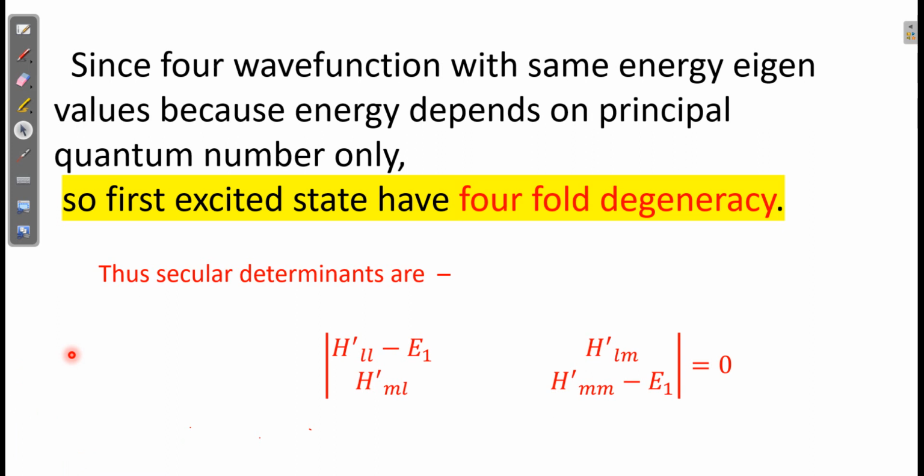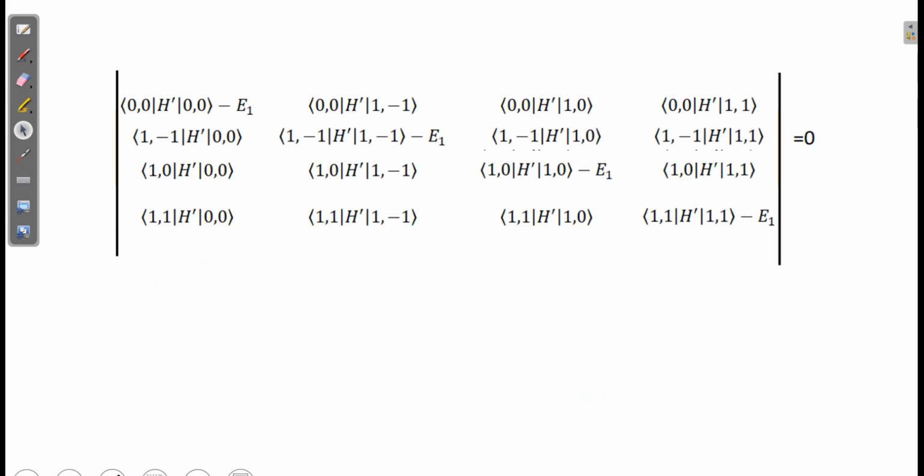In this way, our determinant becomes 4 by 4, that means 16 components.